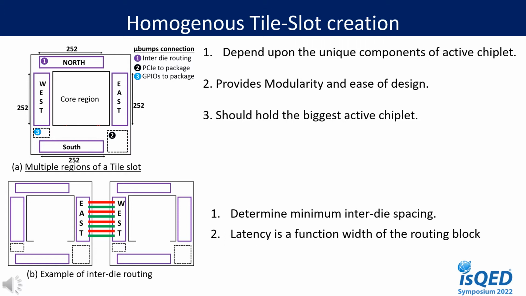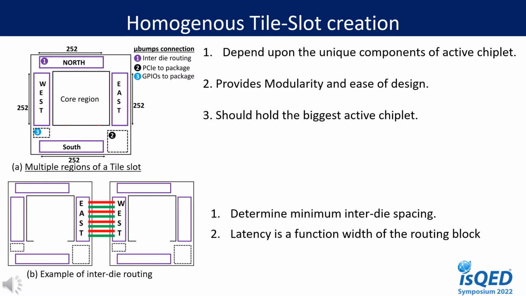The tile slots itself can be further divided into four components based on how an active chiplet communicates with the passive base. For example, in this case, we have north, south, east, and west directions micro bump slots, wherein these help in inter-die communications.